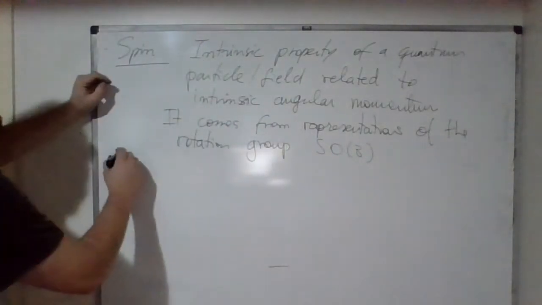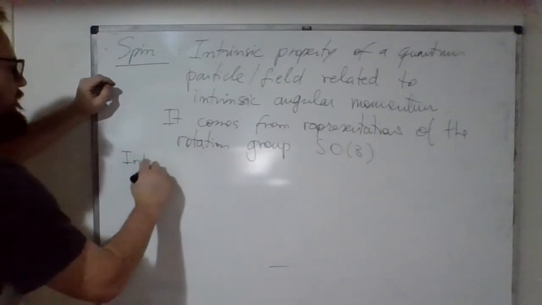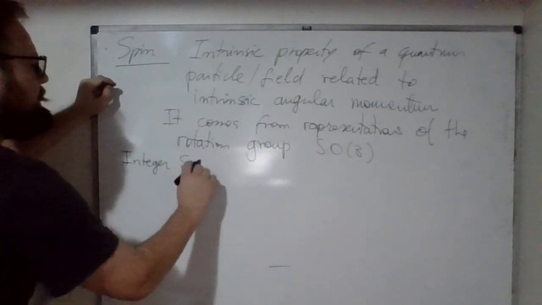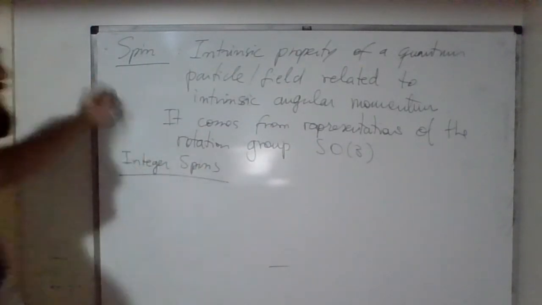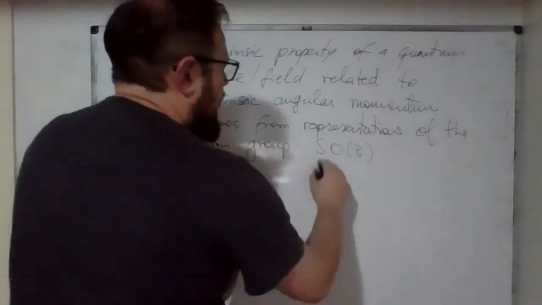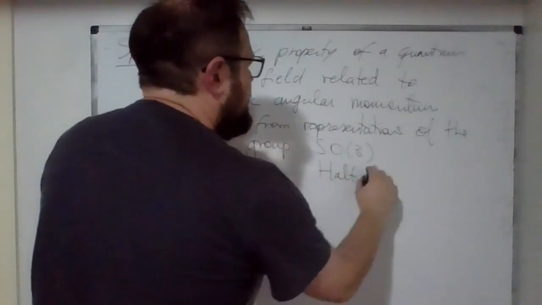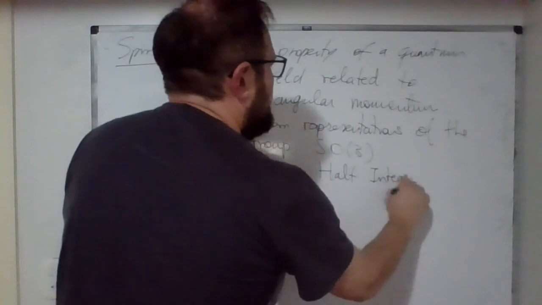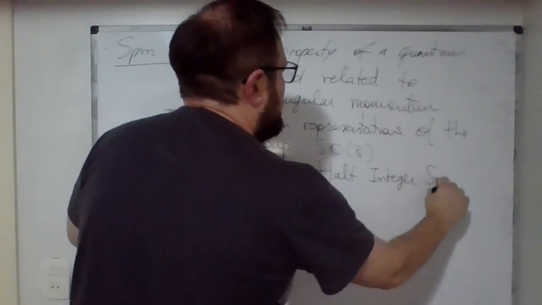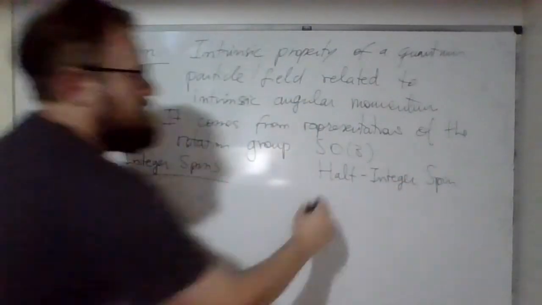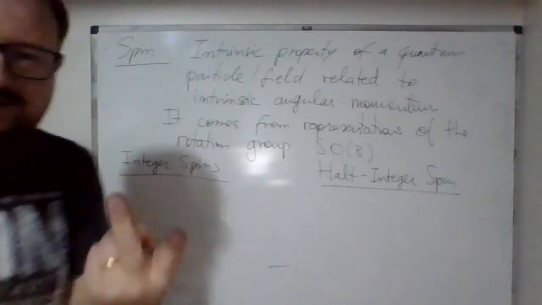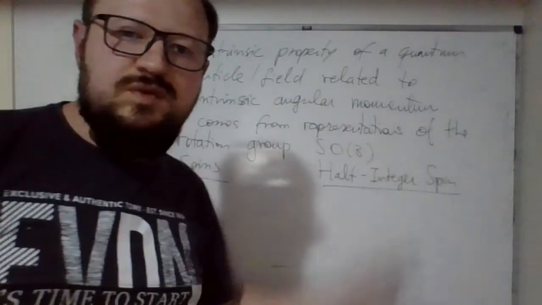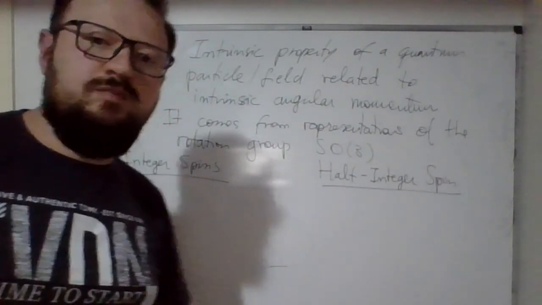We have integer spins, and we have half integers. These are the 2 possibilities for representations using the SU(N) groups.